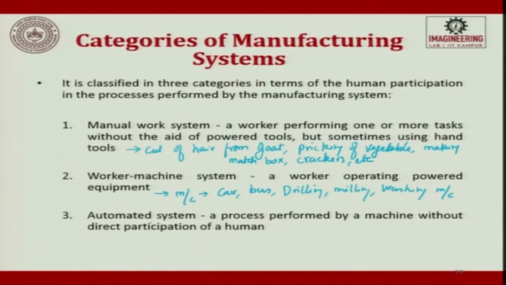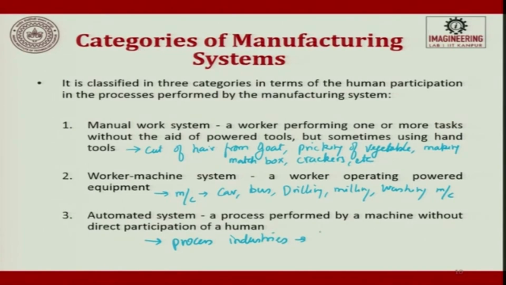The last one is automated system, a process performed by a machine without direct participation of the human being. For example, all the process industries, what they do is they try to have so many processes, all these processes are automated and linked.